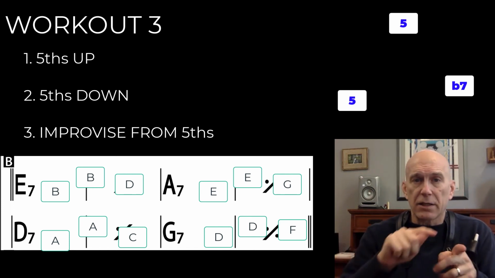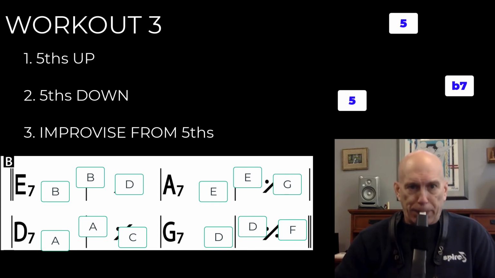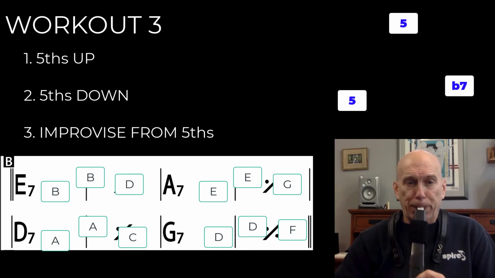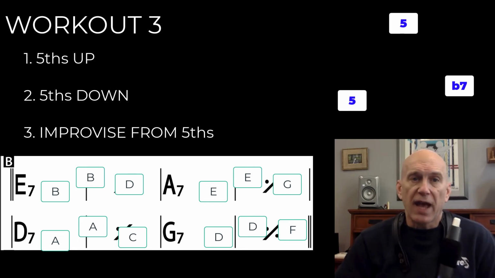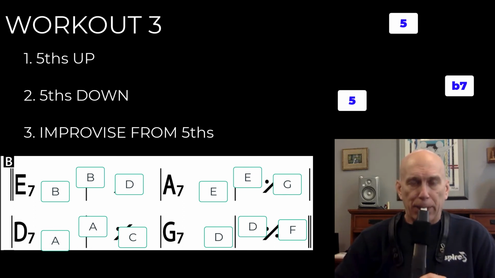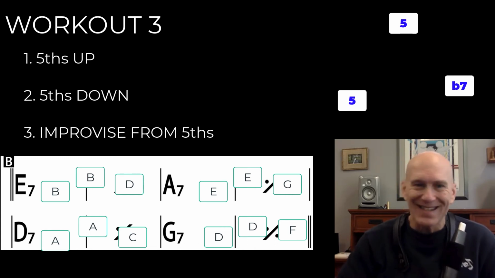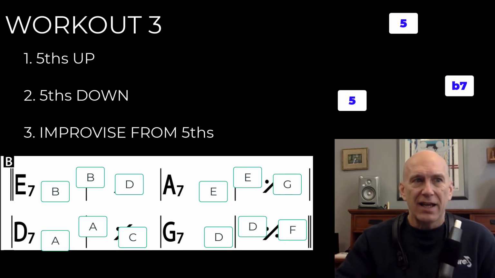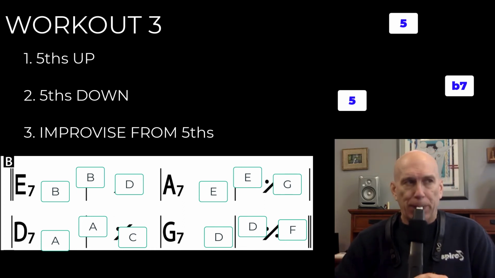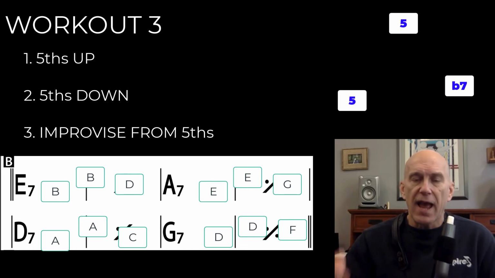So in the key of E, it's going to be B to B and end on the D. In the key of A, or A7, it's going to be E to E and end on the G. Over D7, it is going to be A to A and end on the C natural. And then over G7, it's D to D, end on the F natural.